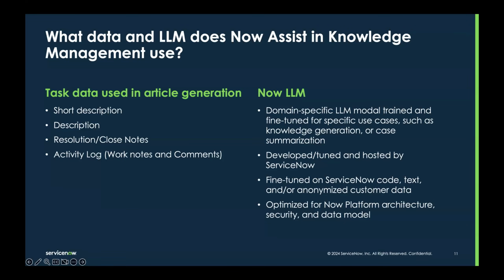If you go on and perform a Google search or ChatGPT search, you're going to get a list of things that you're going to have to do, from picking an LLM to doing all that tuning and testing and things like that. We take care of a lot of that for you, and we do it on ServiceNow code, text, and anonymized customer data. We also optimize the LLM for our Now Platform architecture, our security, and our data model. So a lot of that heavy lifting is done, that way you really only have to worry about the outcomes of using our Now Assist products.